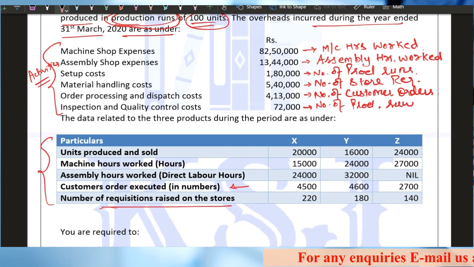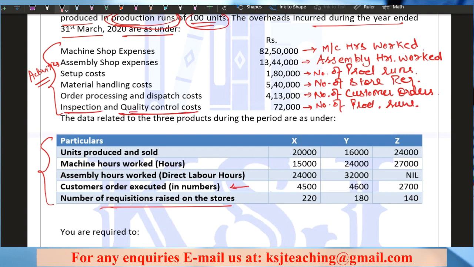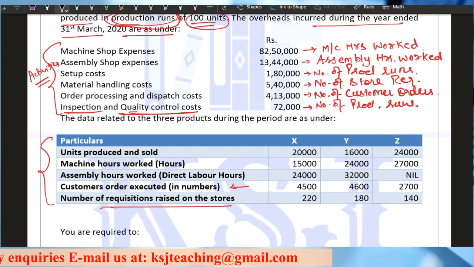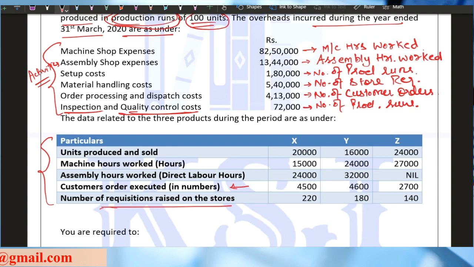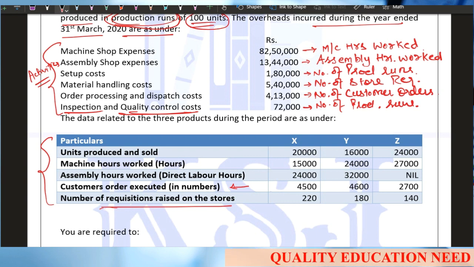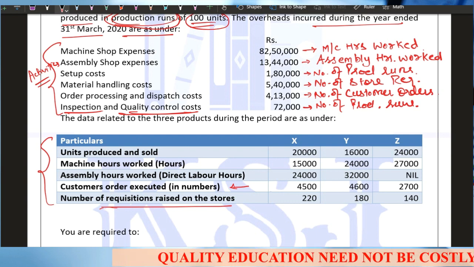The more the number of production runs, the more will be the inspection and quality control cost. Inspection you will be doing while the production process is in place. When the product is being produced, you will do the quality check during the production process. So it will depend upon the number of production runs.